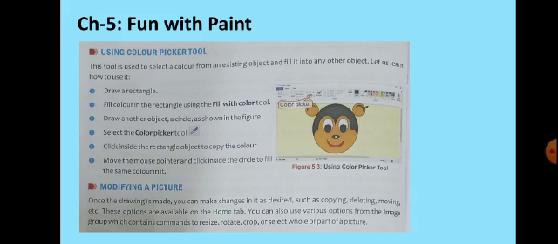But before that, let's talk about modifying a picture. Once you have drawn a picture, and if you want to make any kind of changes in it, such as copying, deleting, moving, these can be done with this software. For this, the options are available on the Home tab and various options from the image group, which contains commands to resize.